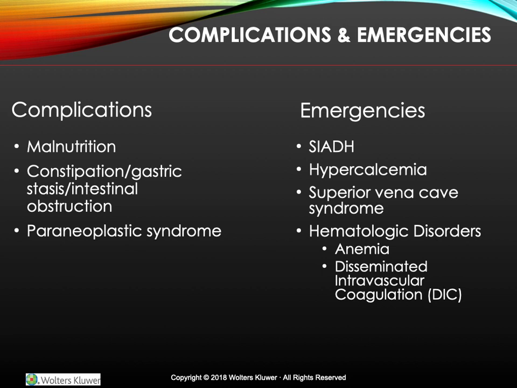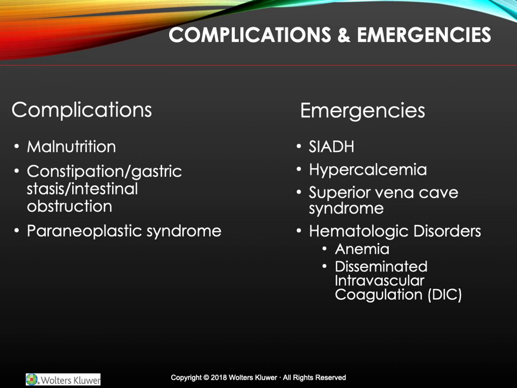The patient may expend a lot of calories, more than they're taking in, and it requires a lot of effort to eat, so you may have malnutrition occur because of that. You can also have some gastric complications such as constipation, gastric stasis, intestinal obstructions.